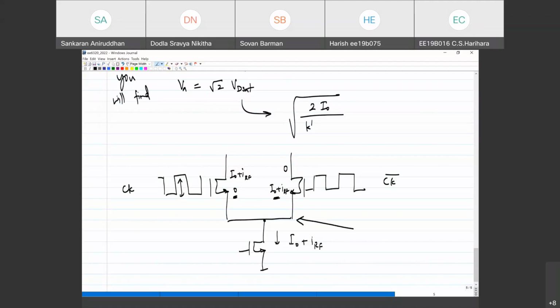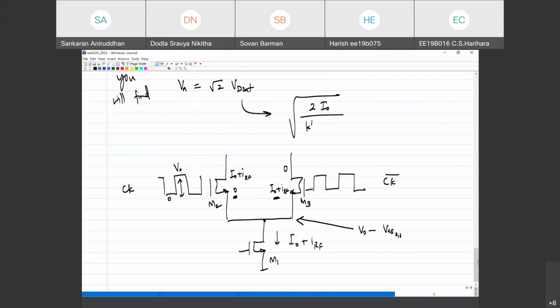When it is ideal, it is a constant at V naught minus VGS, if V naught is the amplitude of the LO. Correct. But when the switching is not ideal, it appears like a periodic wave of T_LO by 2. I didn't understand that wave.